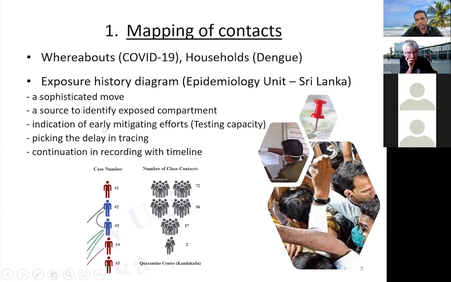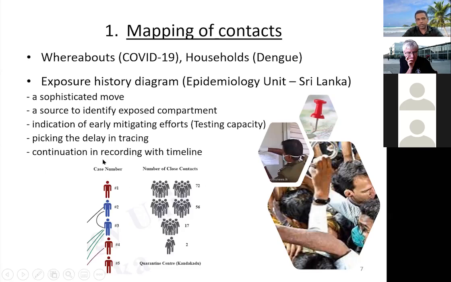And as an indication of early mitigating efforts, as I said, we can target our testing capacity because of this kind of data source. And we can pick up the delay in tracing. Once we proceed with this kind of tactic, is there any delay, or are we ready with frequent testing and frequent cross-contact tracing? It can also be quantified by looking at this.